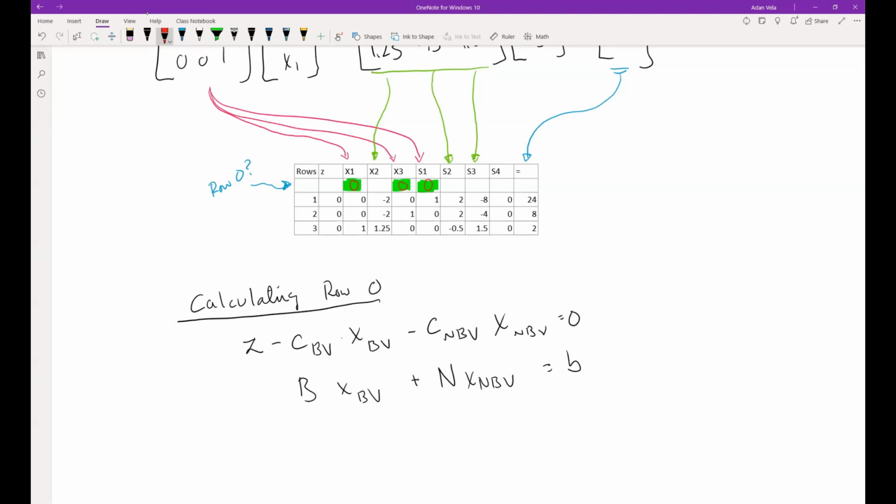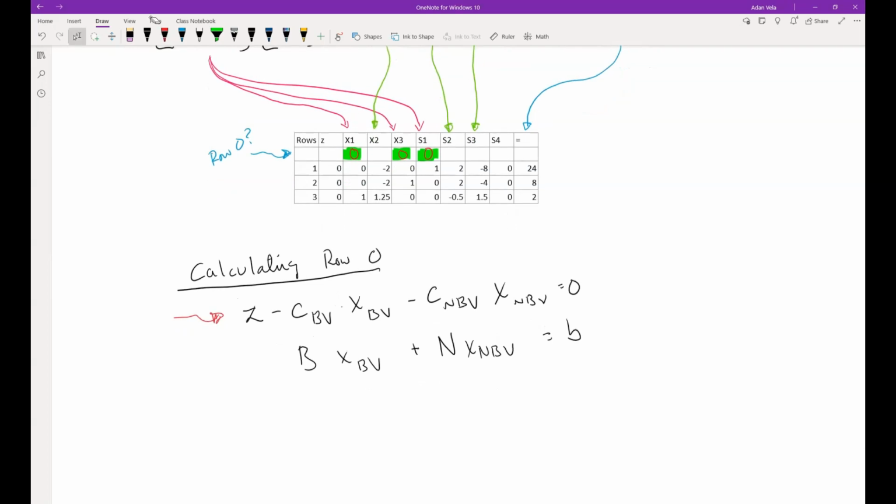So we know that's going to be equal to 0. And so what we want to do is cancel out, in some ways, the XBV. Right? So when we look at this equation, we're going to do some manipulations to it, so XBV isn't part of it anymore. And the way that we can do that is by subtracting these 2 equations from each other after some row operations.